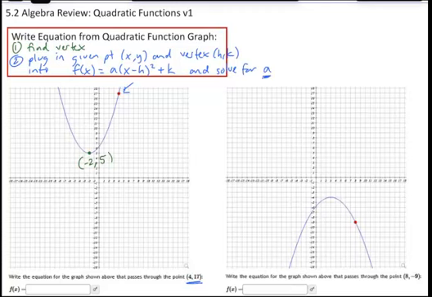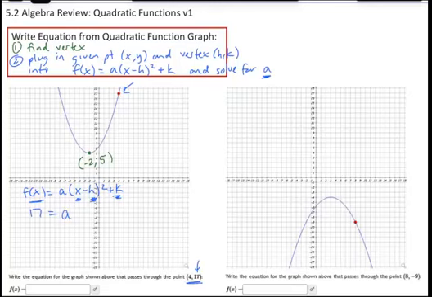Right, so the next step here is we take our basic equation, f of x is equal to a times (x minus h) squared plus k. We're substituting in the x and the y value. We're substituting in the h and the k value, and we're going to solve for a, right? So our y value is 17. Our a remains unknown.